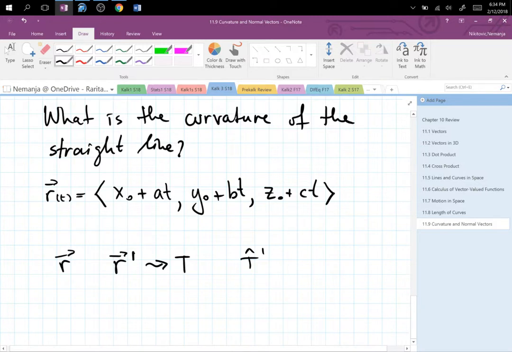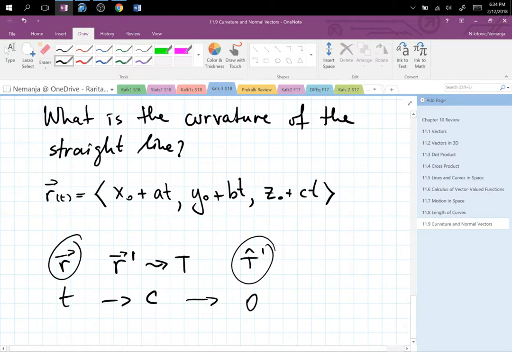So if my r is starting at t, eventually getting here, the derivative has to be 0 because it's going to go a variable constant and the derivative of constant is 0. So this is the type of analysis that you guys can take immediately to see what the end product is for the straight line. Now, as soon as you involve trig and t squared or square root of t or whatever else other than the linear stuff is going to remain, right?